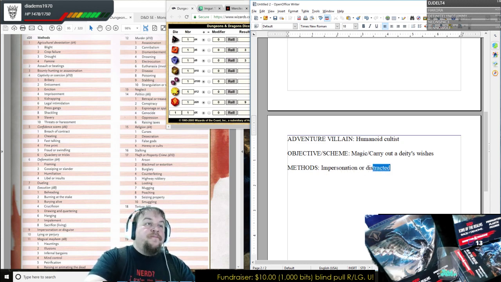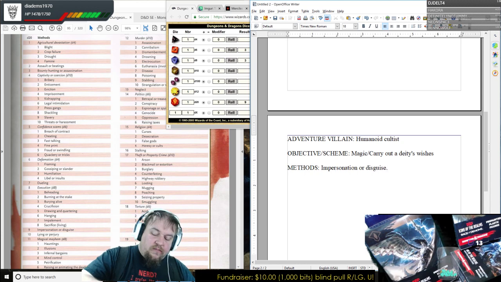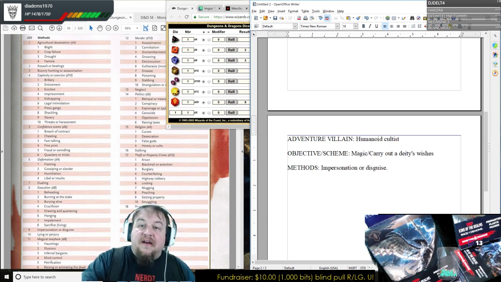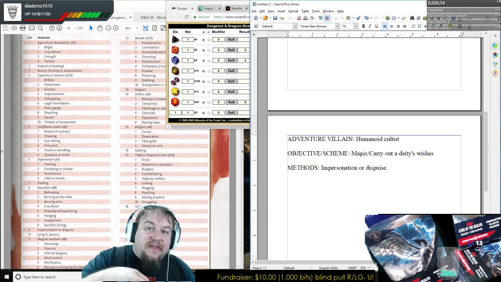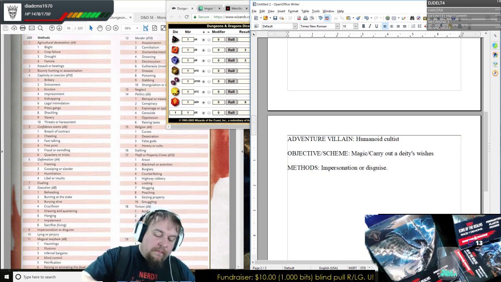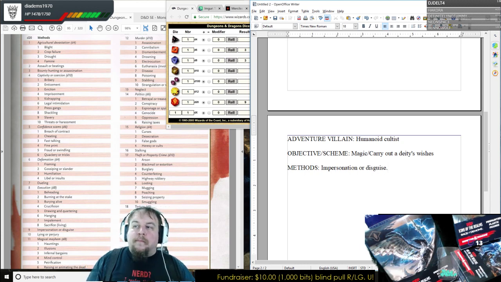Impersonation or disguise. Ha! So maybe the actual head of the Orzhov might have been, like, killed and replaced by this Rakdos cult leader. Heck.